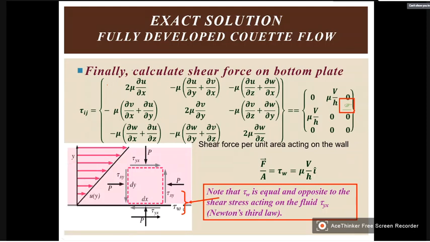As I told, this is 0 and this is 0 and this entire thing is 0 and this is 0.